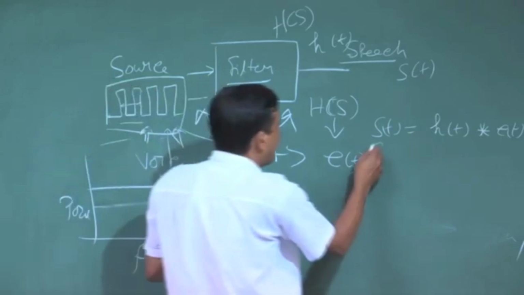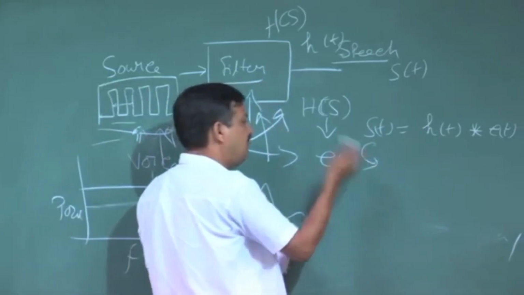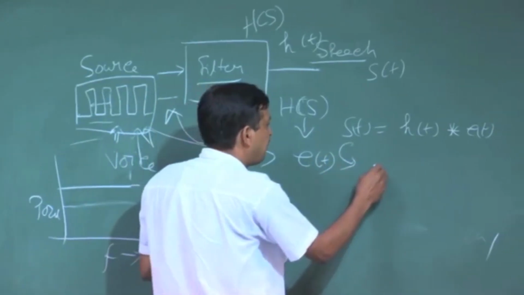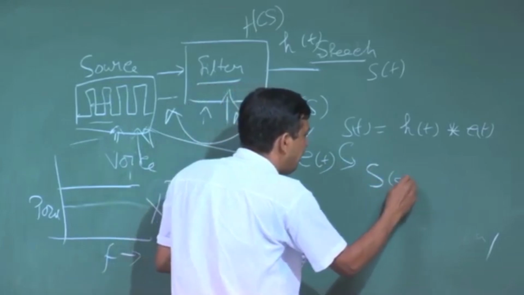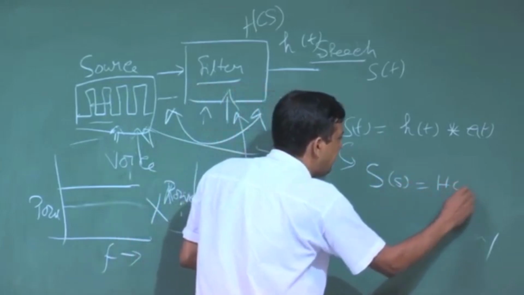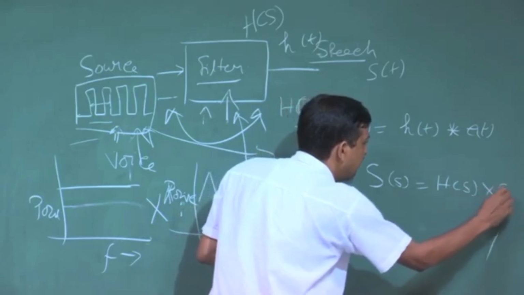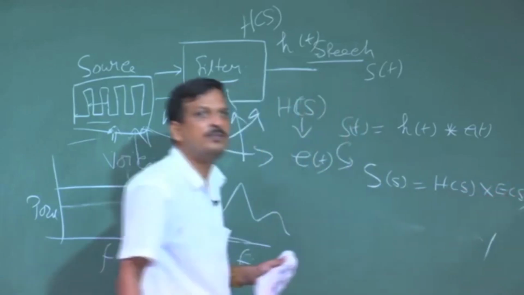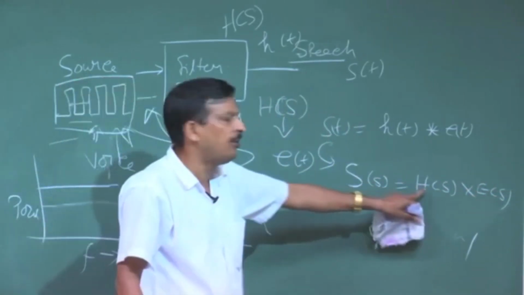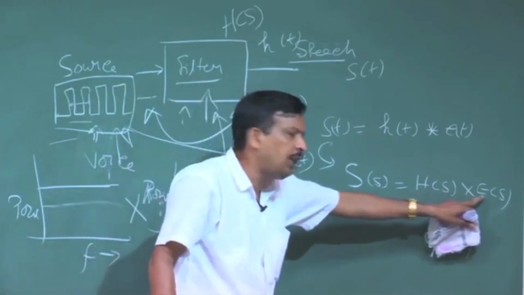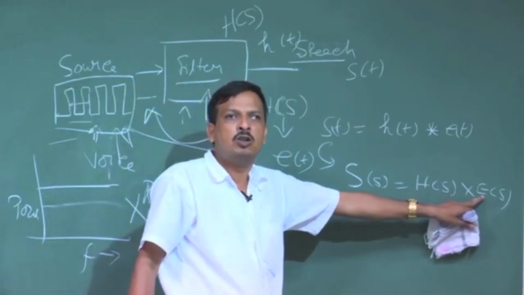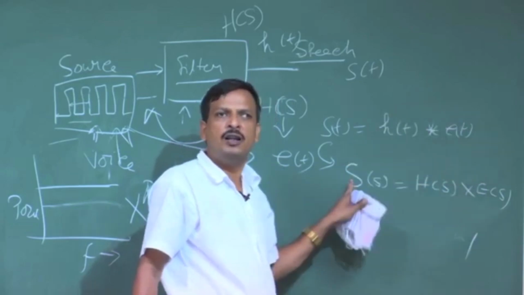If I take the Laplace transform, then S(s) is H(s) multiplied by E(s). So, the frequency response of the filter is multiplied with the frequency response of the source to produce the speech.